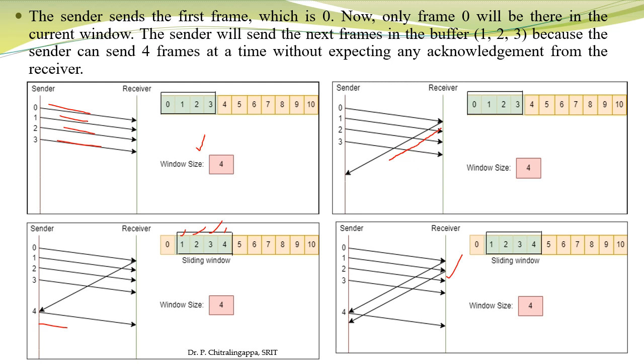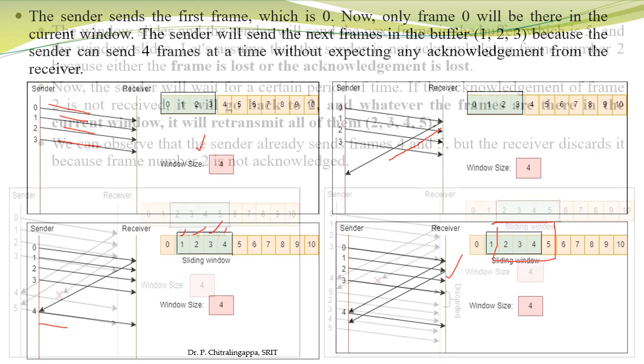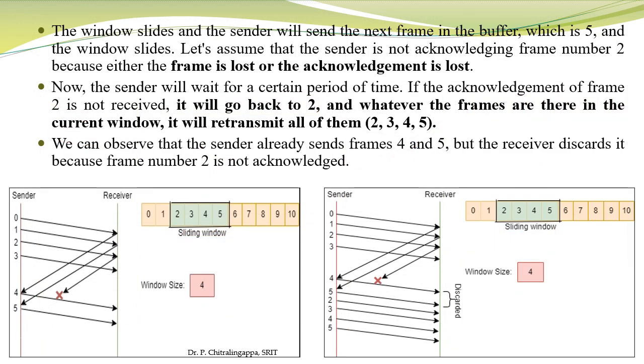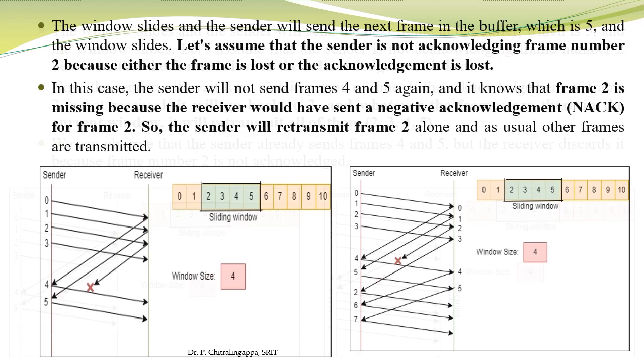Now I again move my window to the next 4: 2, 3, 4, 5. So I send the fifth frame. Like that you can apply this mechanism. In go back N, if anything is wrong, you retransmit all the frames, but that is not there in selective repeat ARQ.